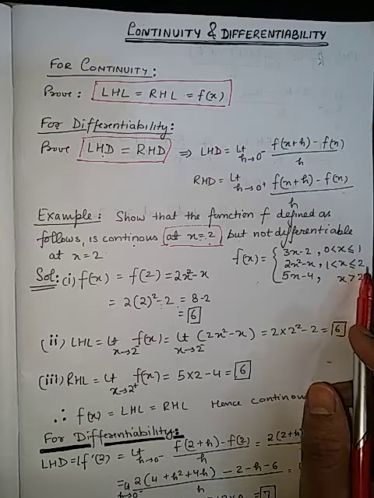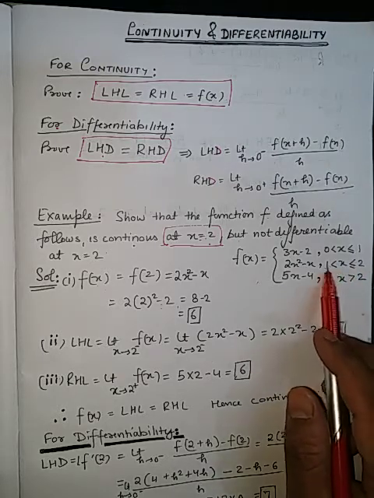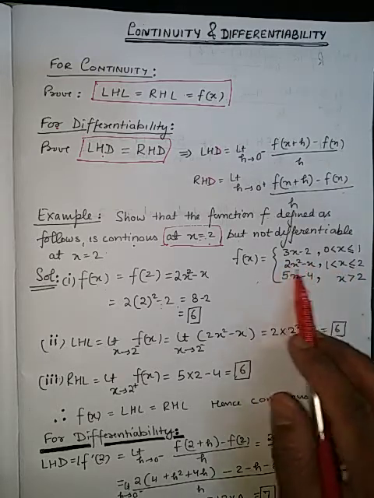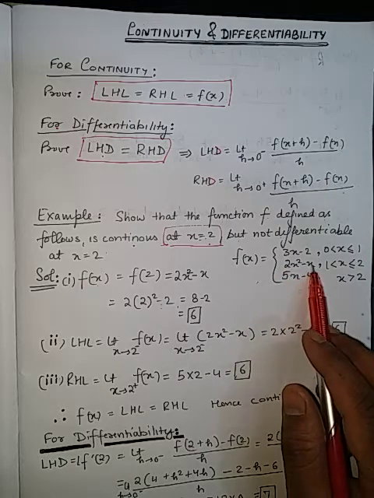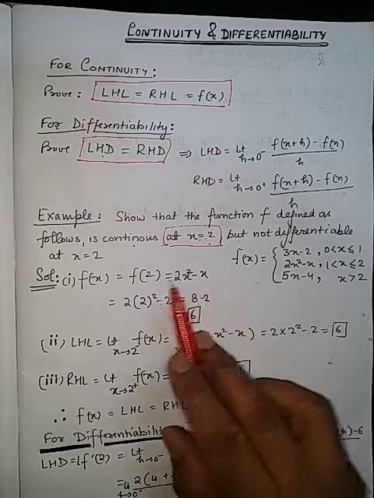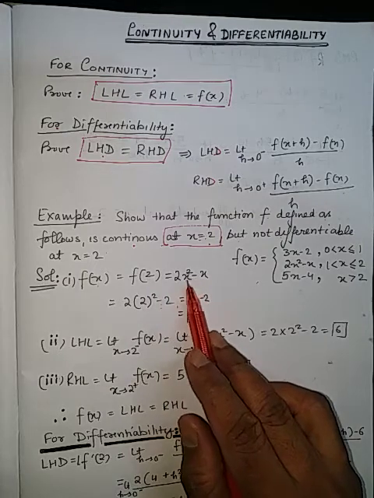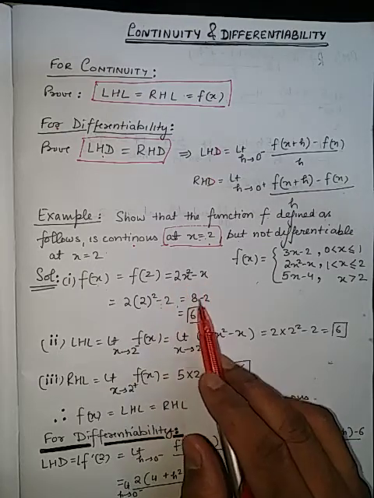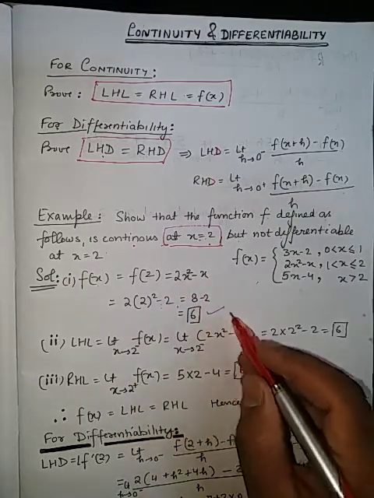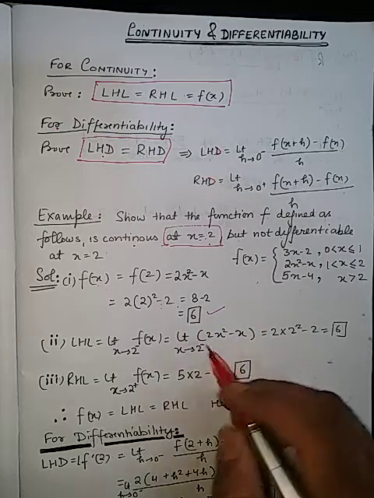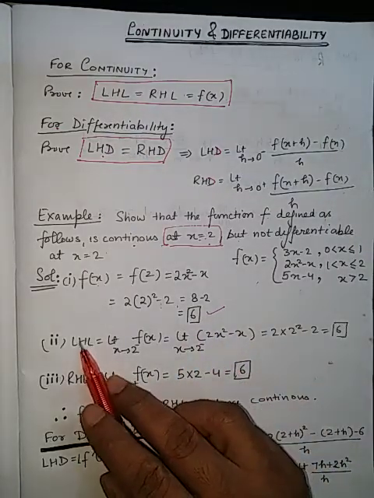So, out of these equations, for x equals 2, we can use this equation. This equation is 2x square minus x. Now put the value of x equals 2: 2 square is 4, 2 fours are 8, minus 2, 8 minus 2 is 6. We have got f(2). Now find the left hand limit.